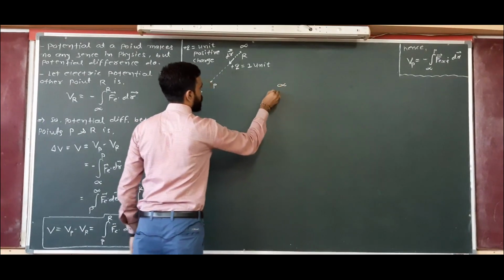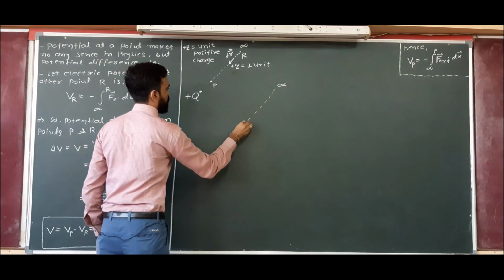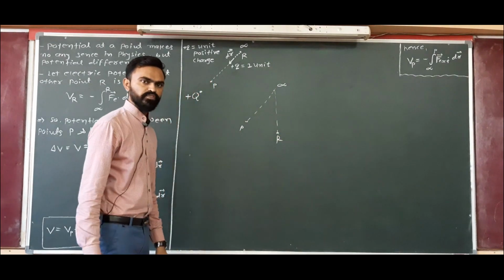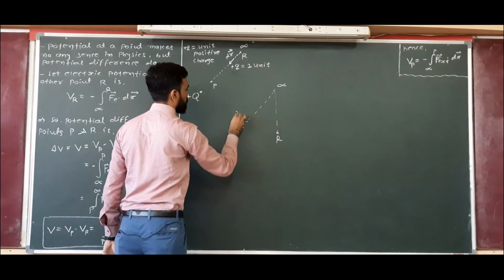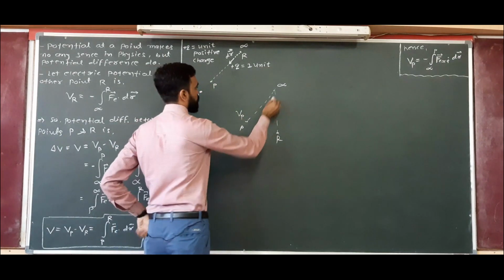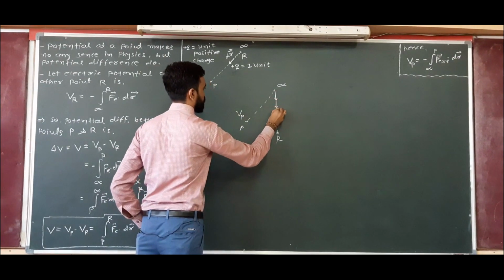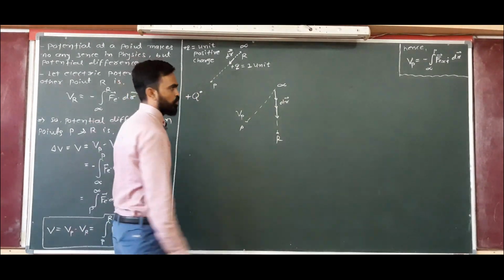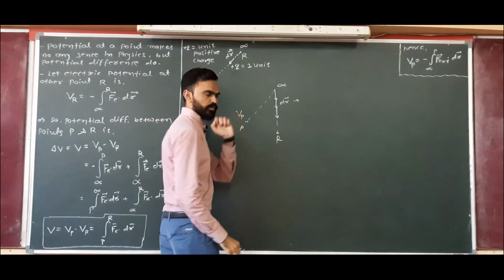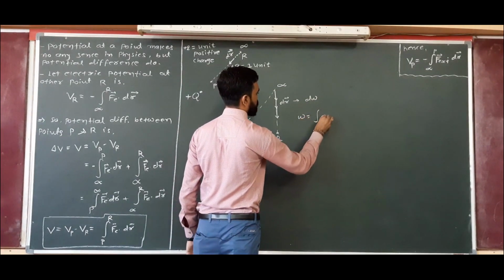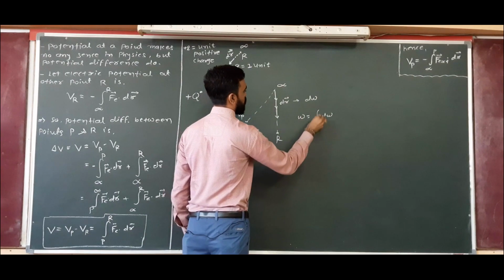For example, now I want to find out the potential at another point r. So infinity, this is our point P. I want to find out the potential at r, right? Potential at P is Vp. Now let me proceed for r. So what we did, we divide this entire path into small displacement elements having length say dr. So work done in this small displacement is dW. So to find out the total work done we take the integration of this small work done from infinity to r.